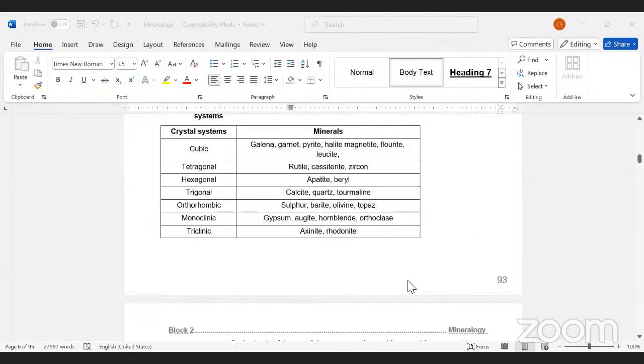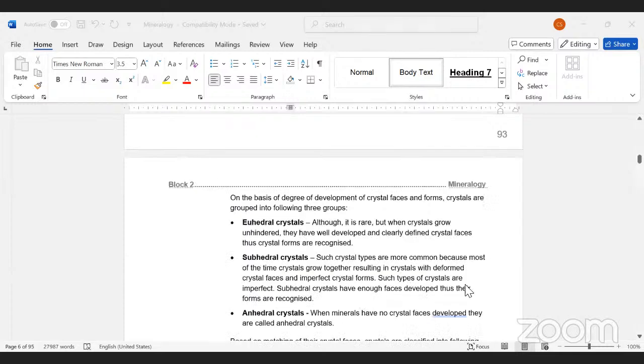These are the forms we see in different minerals. And the arrangement of crystals depends on their shape. The crystals will be formed or developed based on the crystal faces in a particular mineral. According to the shape and arrangement of crystals in a mineral, it is known as euhedral, subhedral, or anhedral formation.